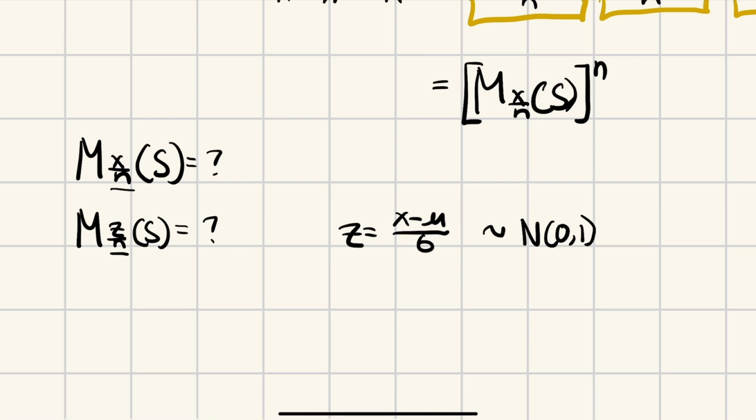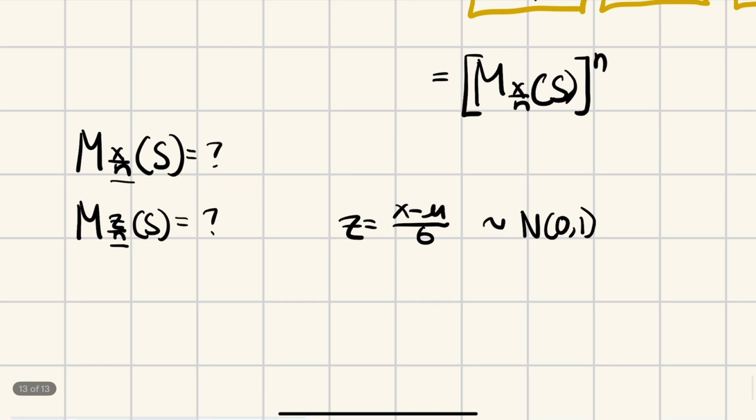And since z equals x minus mu over sigma, then z over n, we just divide both sides by n, must equal x minus mu over sigma n.